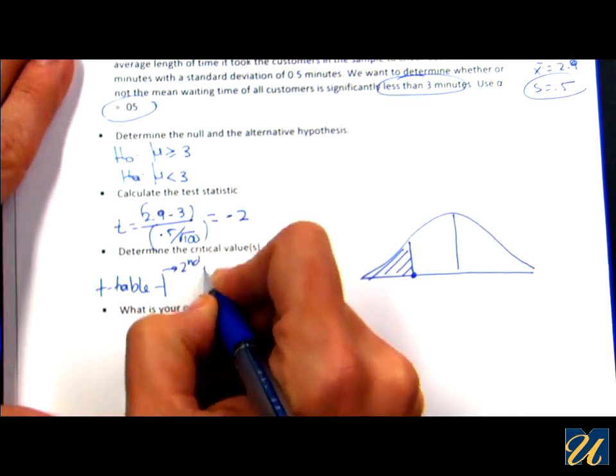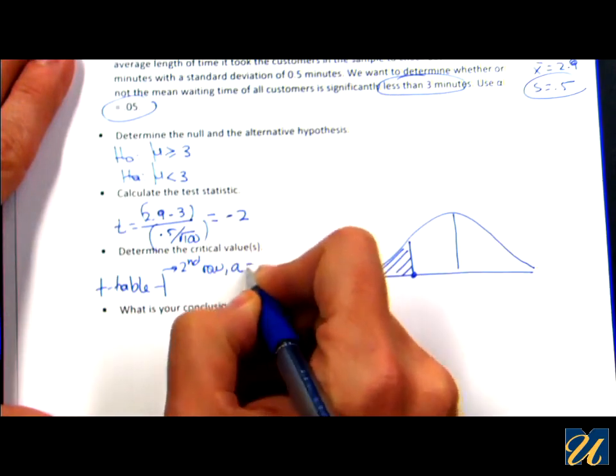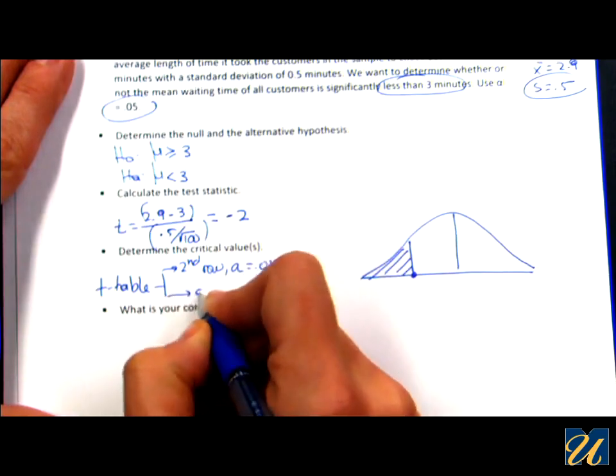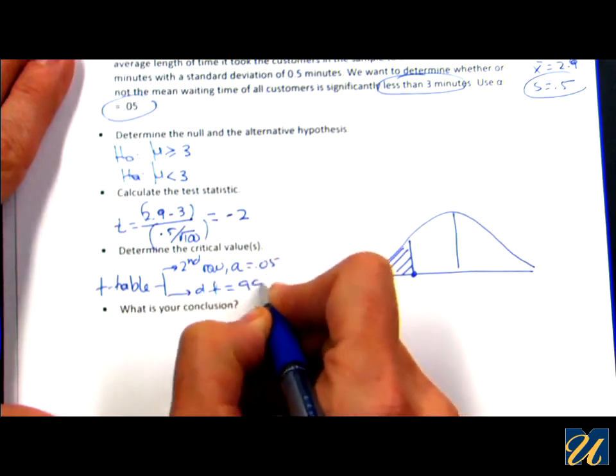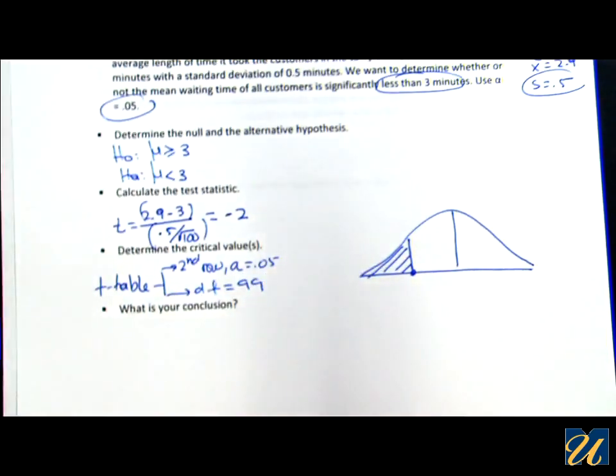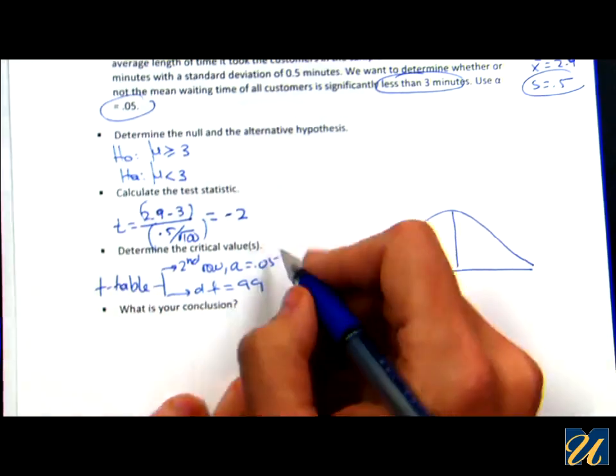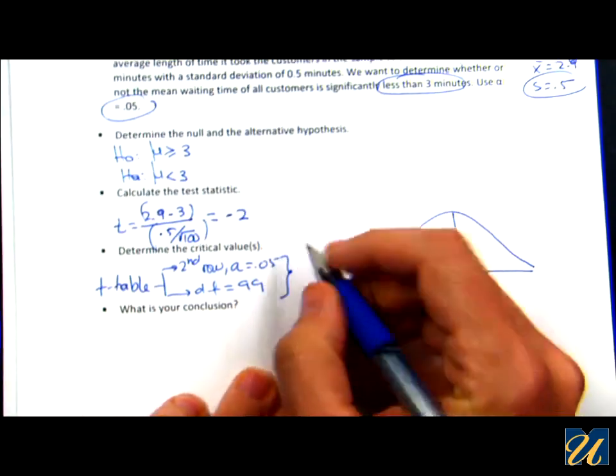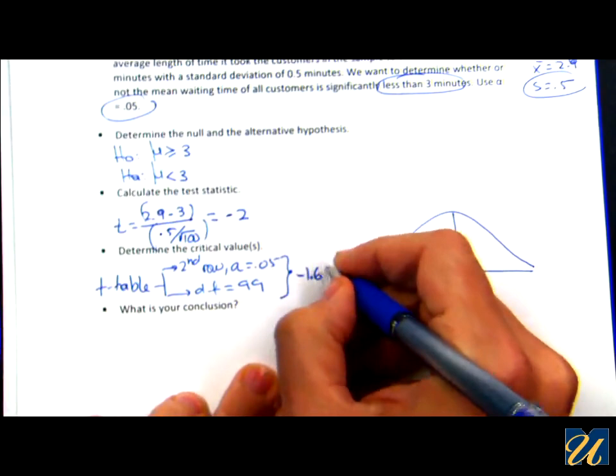Second row, alpha 0.05, and degrees of freedom, you have 99, but you will still check 100 because that's the closest to the 99 that you have on your table, and this will be negative 1.66.